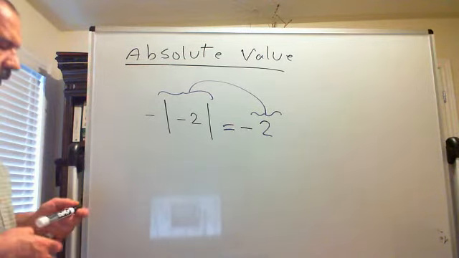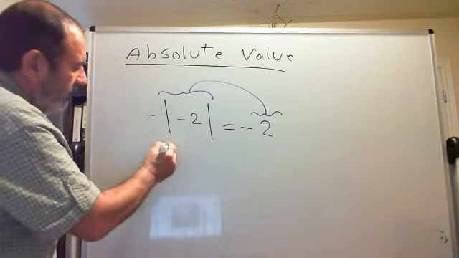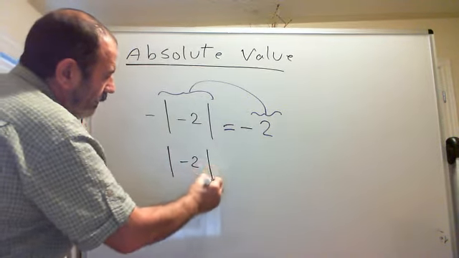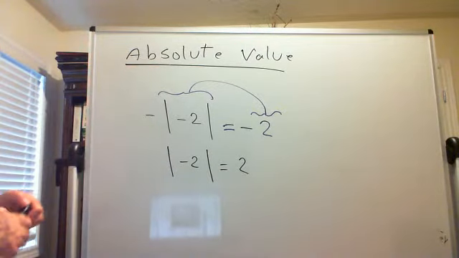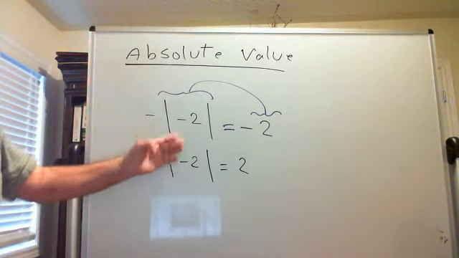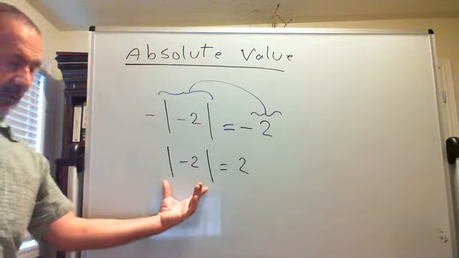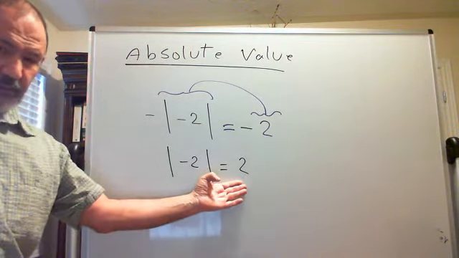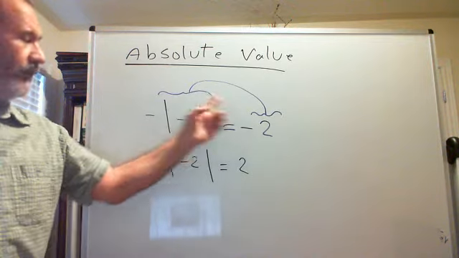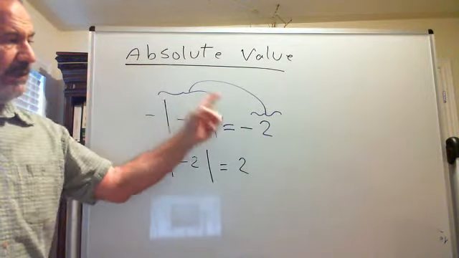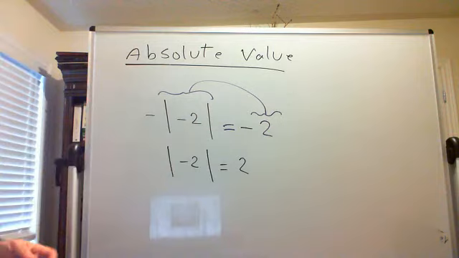Another example, the absolute value of negative 2 is 2. Can you see the difference between these two? In this one, the absolute value of negative 2 is positive 2. For the top one, again, the absolute value of negative 2 is positive 2. But because we have a negative sign here, it's moved to the next side of the expression.